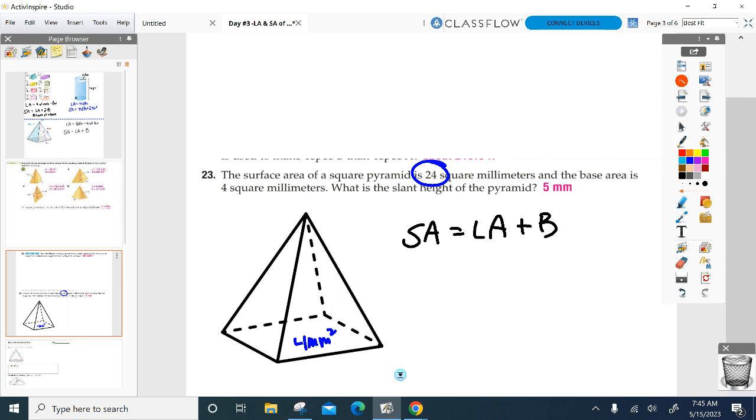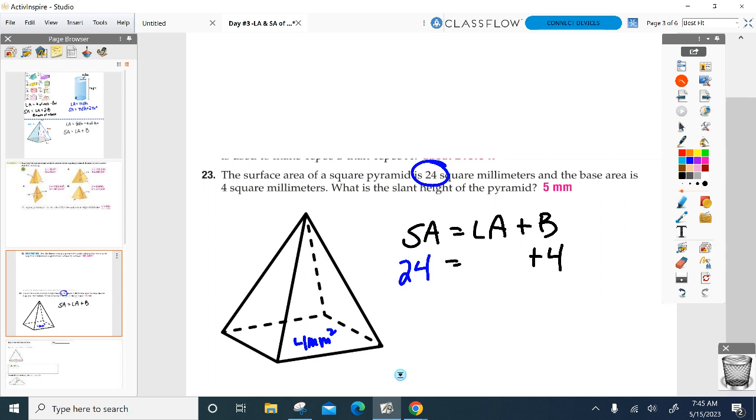Surface area equals lateral area plus the base. Good? All right, 24 is the surface area. And the base area is 4. The area of this square right here is 4.